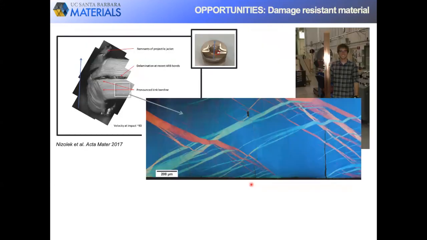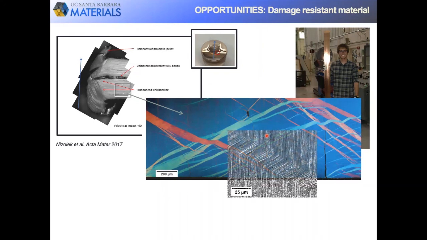Also, returning to that time when we took this material out to the shooting range, what we found surprising is that instead of failing by debonding at these interfaces, the material created what we call kink bands. Kink bands are a common instability in fiber composites, so rarely is it found in a metal or metal-based material.